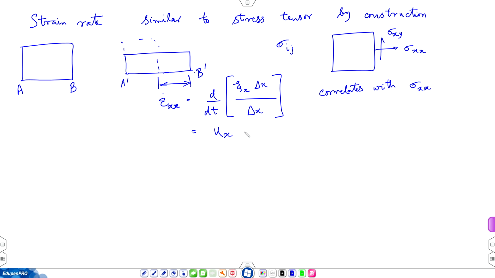Similarly, we had set up component-wise, then for shear strain, this was the initial element, which after some time deformed through angles delta 1 and delta 2.